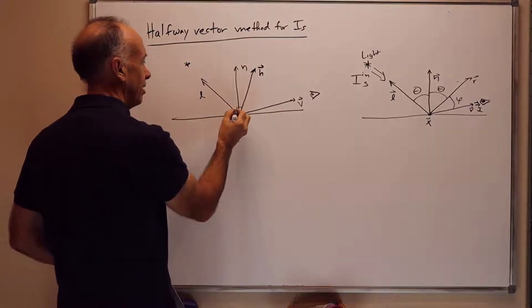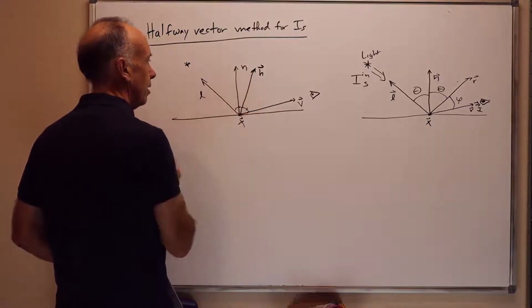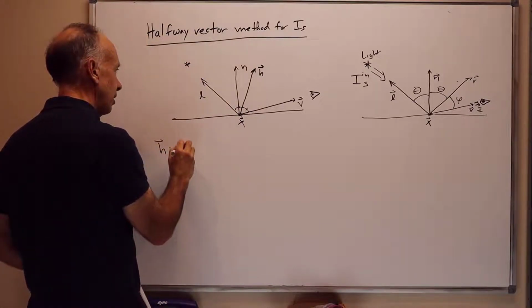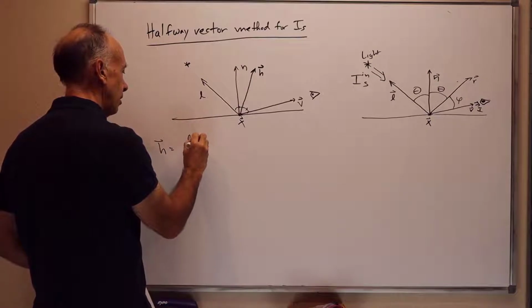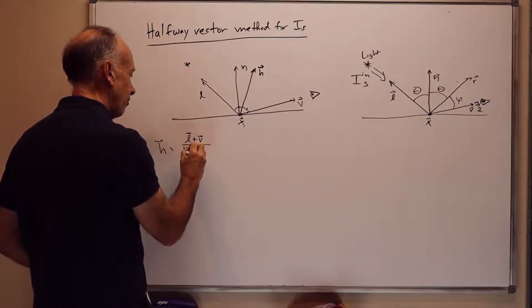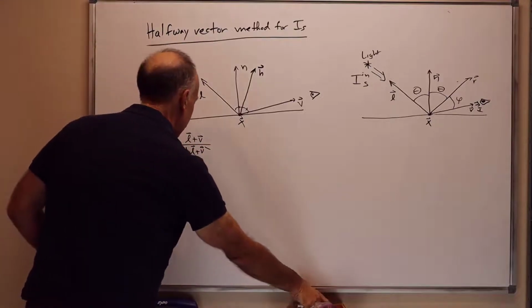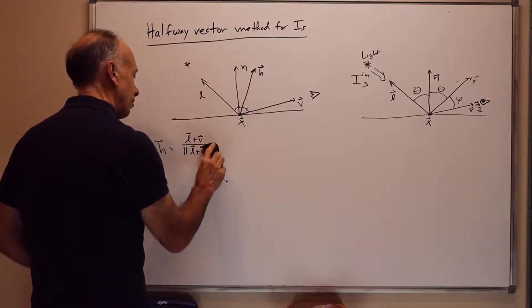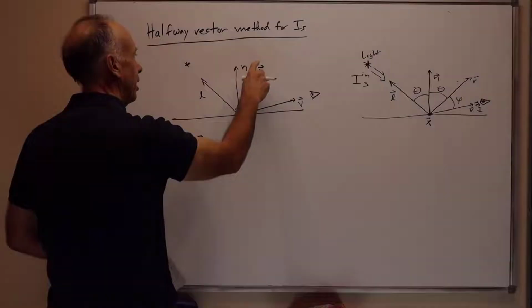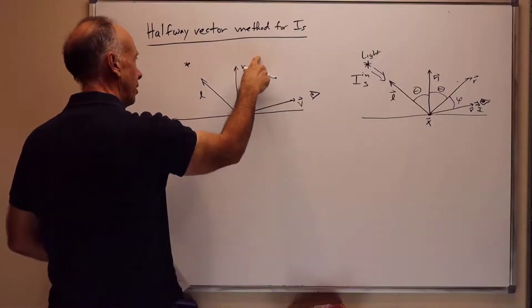So these two angles are the same here. And the formula for H can be, so that we can take L plus V divided by the magnitude of L plus V. And that will be a unit vector because we divided it by the magnitude of L plus V. And L plus V will be sitting up about here.